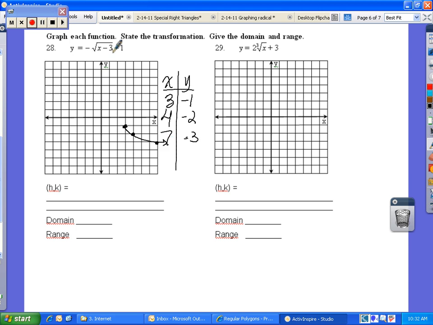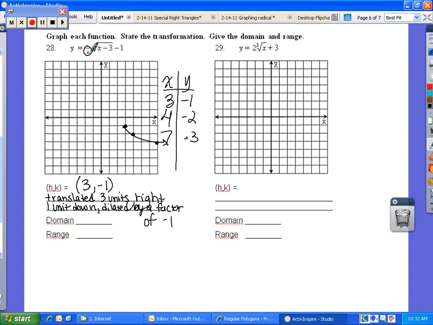H and k taken directly from the square root function are going to give you (3, -1), which tells you that this is translated, or moved, 3 units right, 1 unit down, and it is going to be flipped, going the other direction to a decreasing function, or you can just say dilated by a factor of -1.